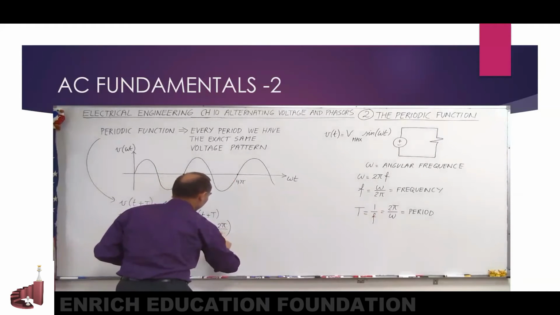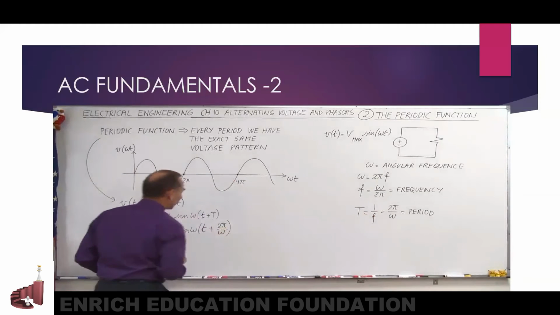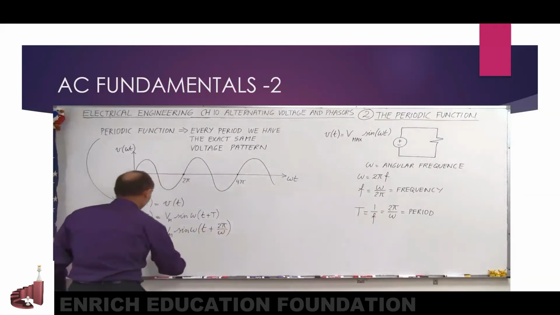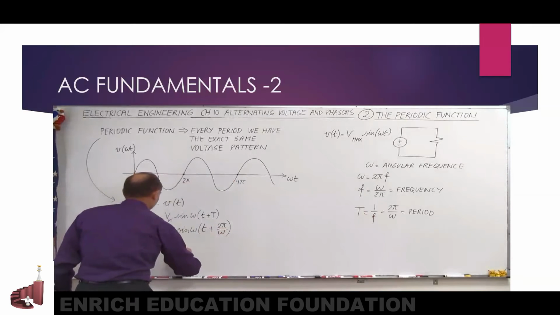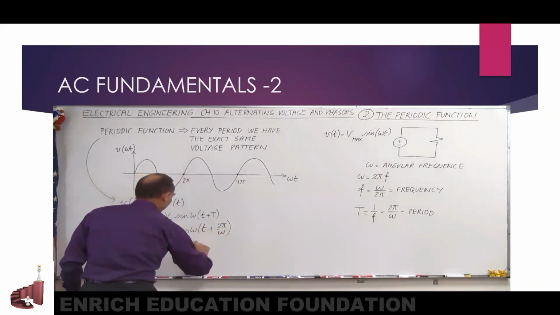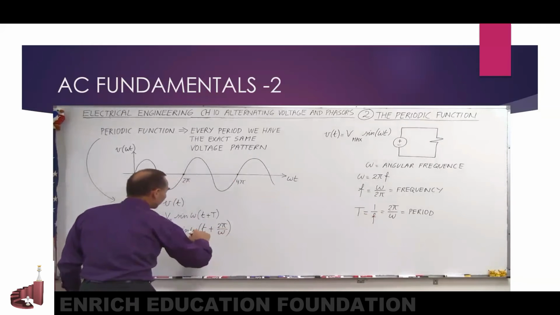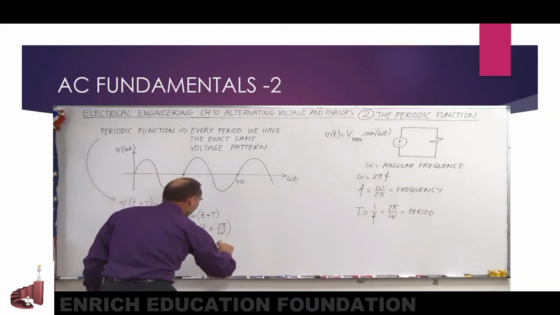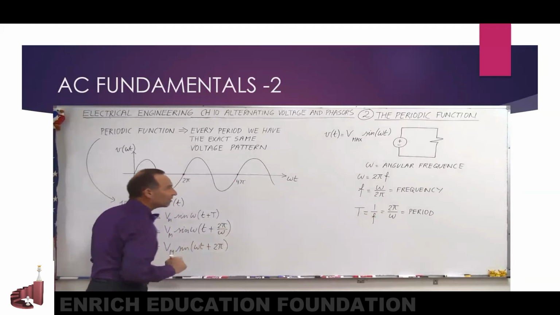Now we're going to multiply the omega inside the parentheses. So this becomes V max times the sine of omega t plus, and then if I multiply this times this, the omegas cancel out, and that would be 2 pi. So this now becomes the phase angle.